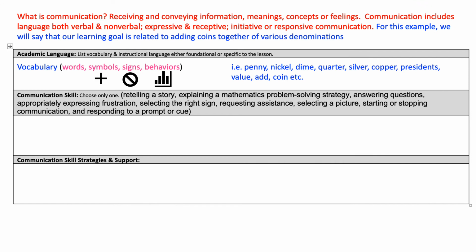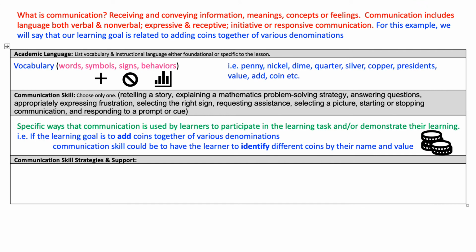Our vocabulary might include words like penny, nickel, dime, quarter, silver, copper, presidents, value, add, coin, etc. Our communication skill is the specific ways in which communication will be used by our learners to participate in the learning task and or to demonstrate their learning. The skill can focus on understanding or interpreting communication or its actual use.